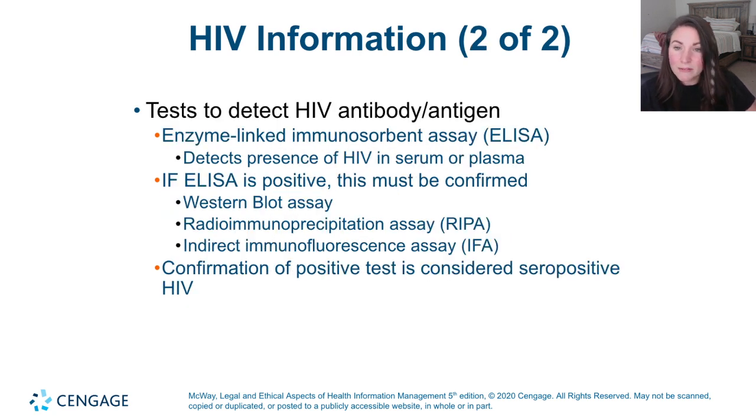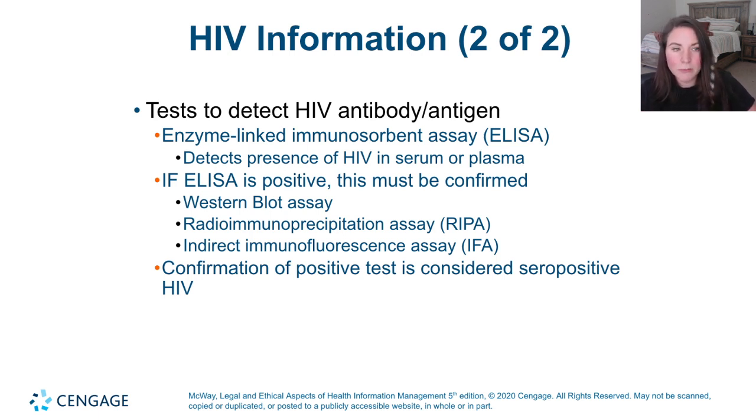There are a variety of tests that have been developed to try to detect the HIV antibody and antigen. The most commonly used is the enzyme-linked immunosorbent assay, or ELISA. This detects HIV in serum or in plasma, and if it yields a positive, it has to be confirmed with a second test on the same specimen.